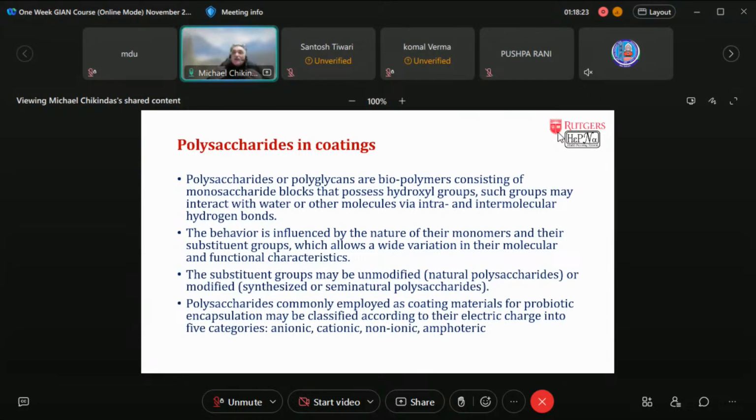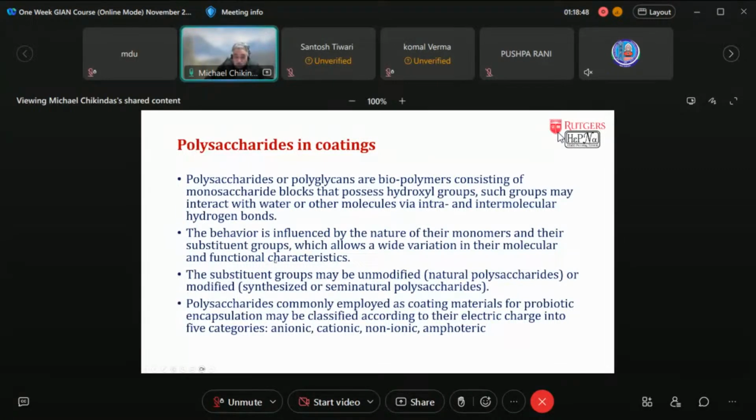We need it to collapse under certain conditions. So some groups may be unmodified, and we're talking about natural polysaccharides, so they can also be modified, synthesized, or semi-natural polysaccharides. I already mentioned modifications are used to improve the qualities of the delivery vehicles.